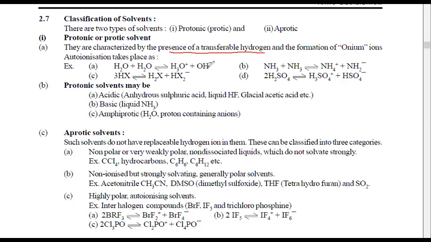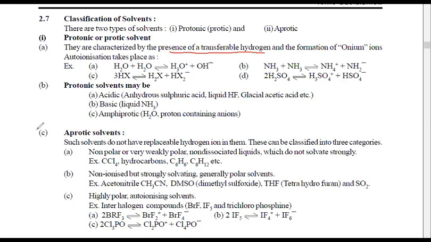For example, H2O, NH3, H2SO4, HX, all of them are polar protic solvents. Anyone have any issues? Easy to understand? Okay. Protic means it contains a proton, contains exchangeable hydrogen, as simple as that.